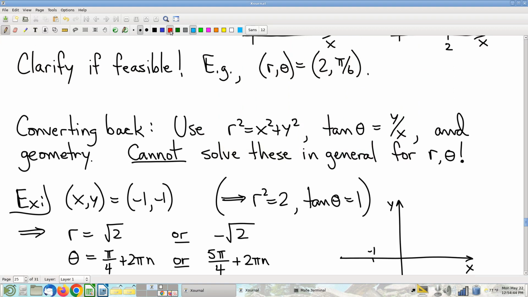Tempting to write these as r equals, and I'm going to put a question mark here so I don't write something false, square root of x squared plus y squared, for example. So what's the difference? At a glance, you might say, oh, well, the one on top, we took it all away. We solved for r. But the top formula is wrong.